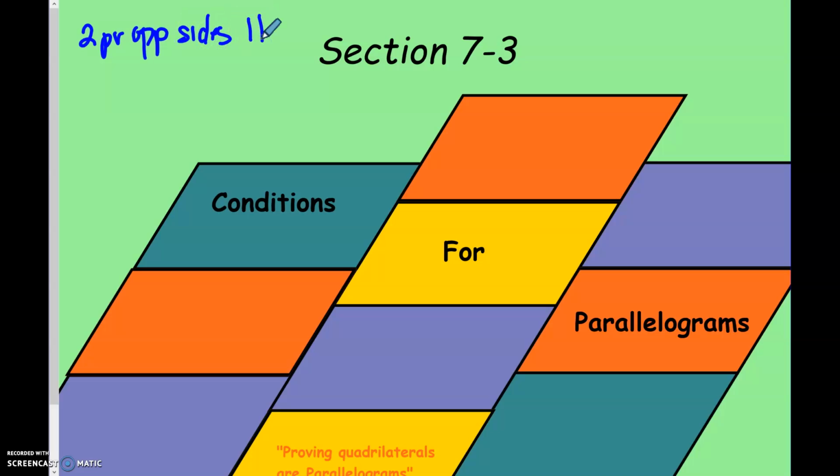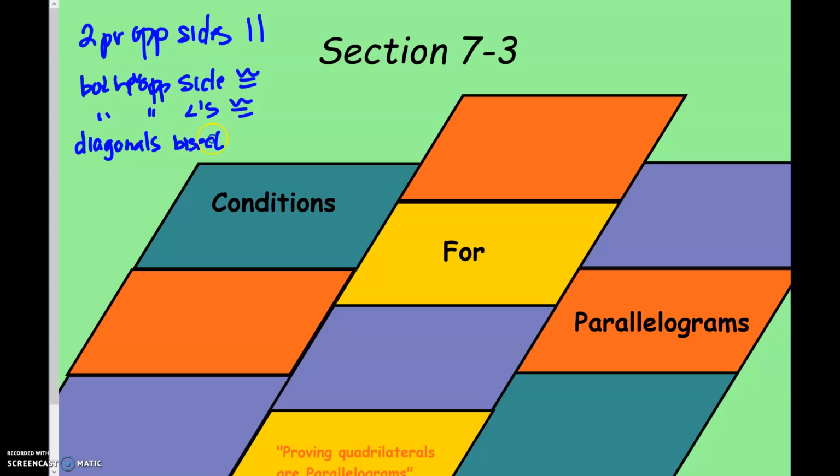And then some things we found out is that both pair of opposite sides are congruent, and both pair of opposite angles are congruent. And we found out that the diagonals bisect each other. And we also found out that consecutive angles are supplementary.